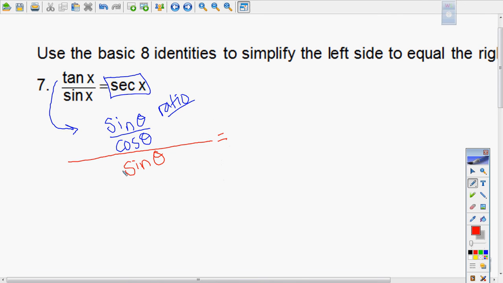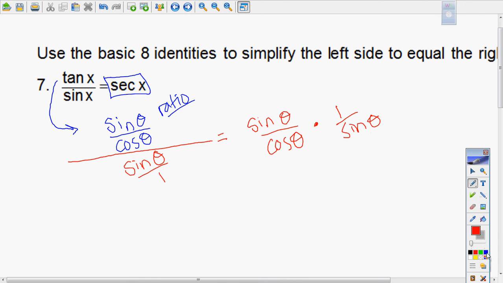Okay? So how do you divide a fraction? Keep, change, flip. So I'm going to keep my numerator, change my operation, and flip my denominator. Sorry, I changed my x's into thetas. So instead of sine over 1, it becomes 1 over sine.